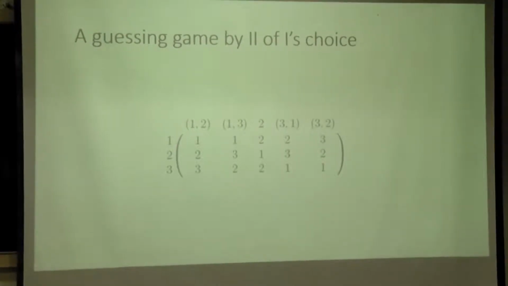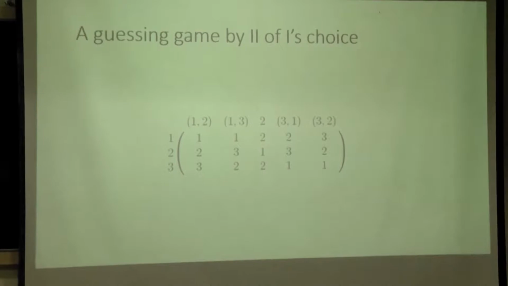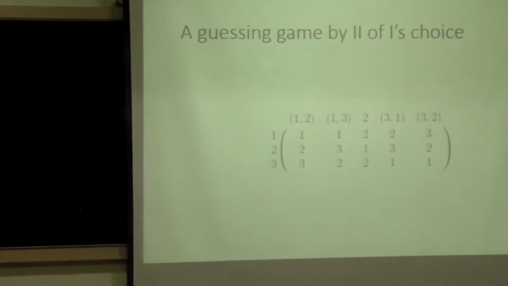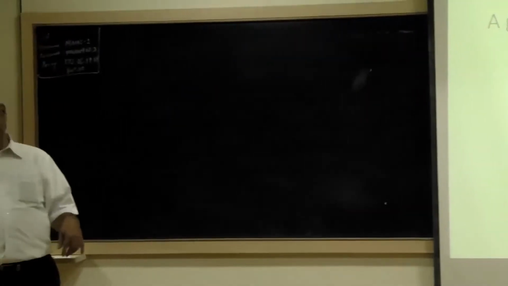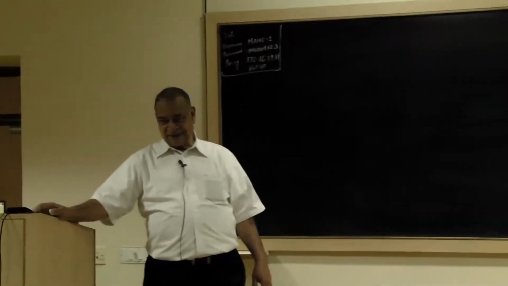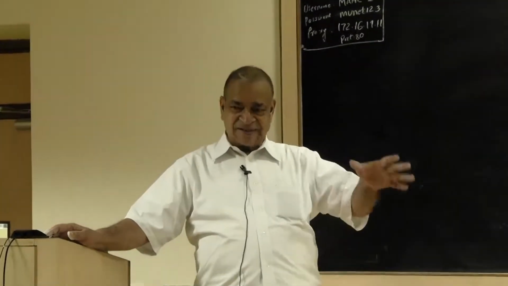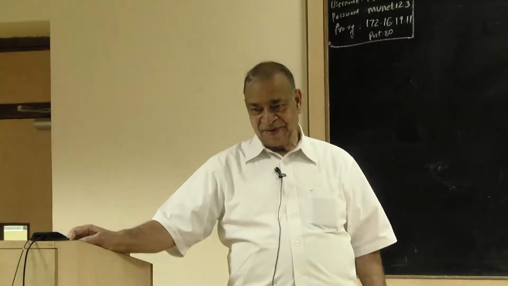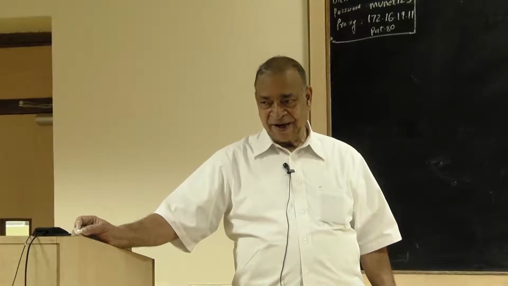But player 1 will give him signals. If the number is lower, he will say yours is lower than the number I have chosen. If it is higher, yours is higher than the number I have chosen. Then you go another round to make the guess. If it is correct, he will say stop, the game is over. You continue to guess till you get the correct answer.